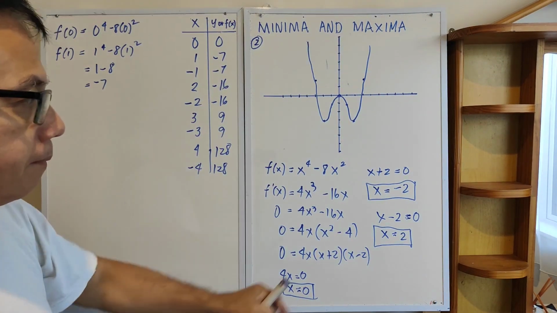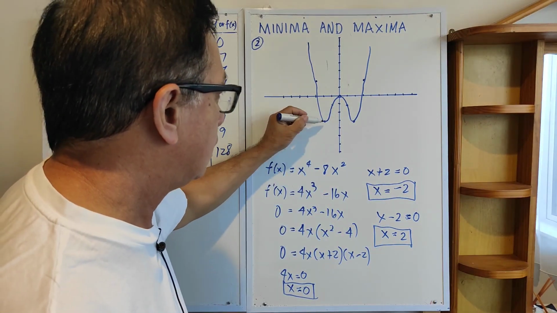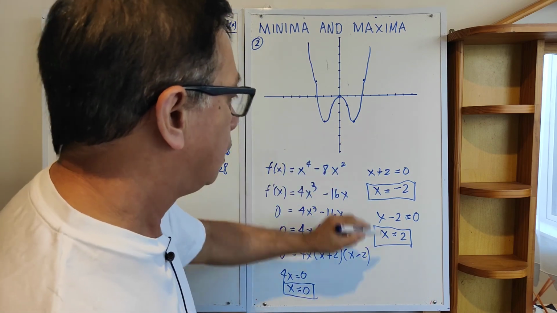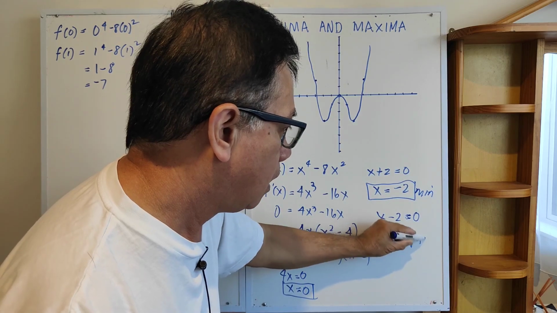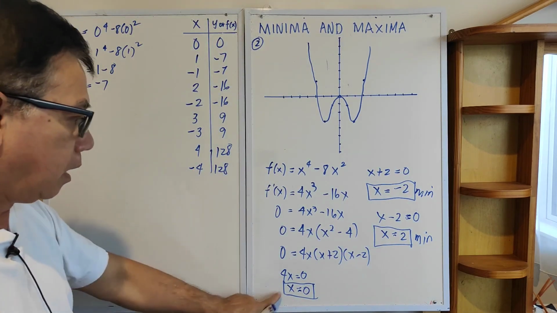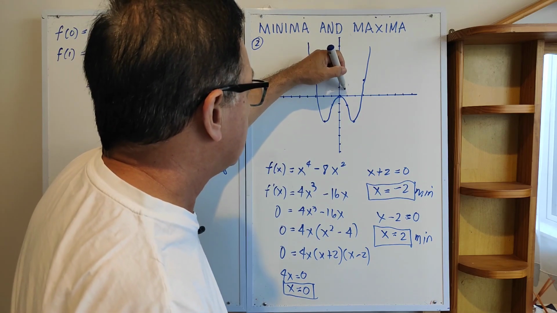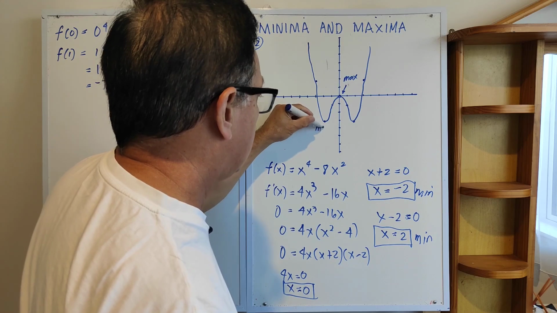So x is equal to negative 2 is this one, and then x is equal to 2 is this one. So these are both minima. And then the other one, x is equal to 0, is this one. So this is maxima.